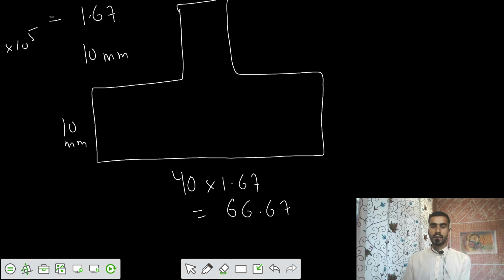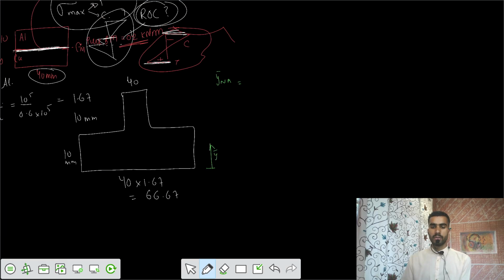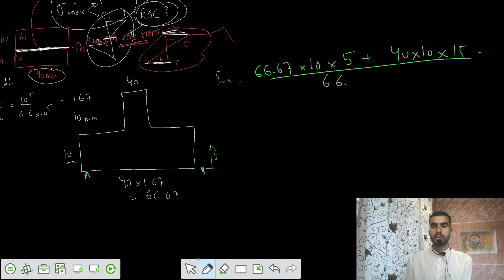The next step is the calculation of the neutral axis. Let's say the neutral axis is somewhere here, at y dash. That equals the first moment of area about the line AB: 66.67 into 10 acting at 5, plus 40 into 10 acting at 15, divided by the total area, 66.67 into 10 plus 400.